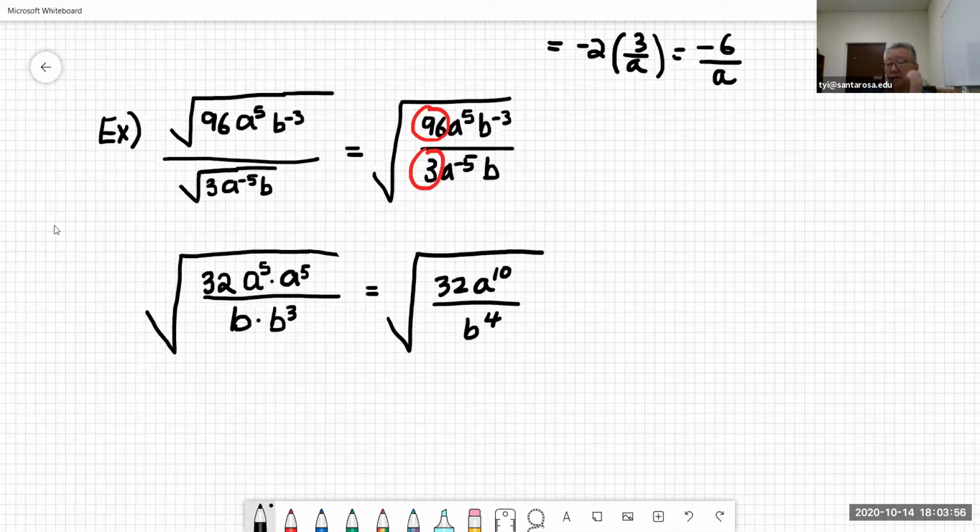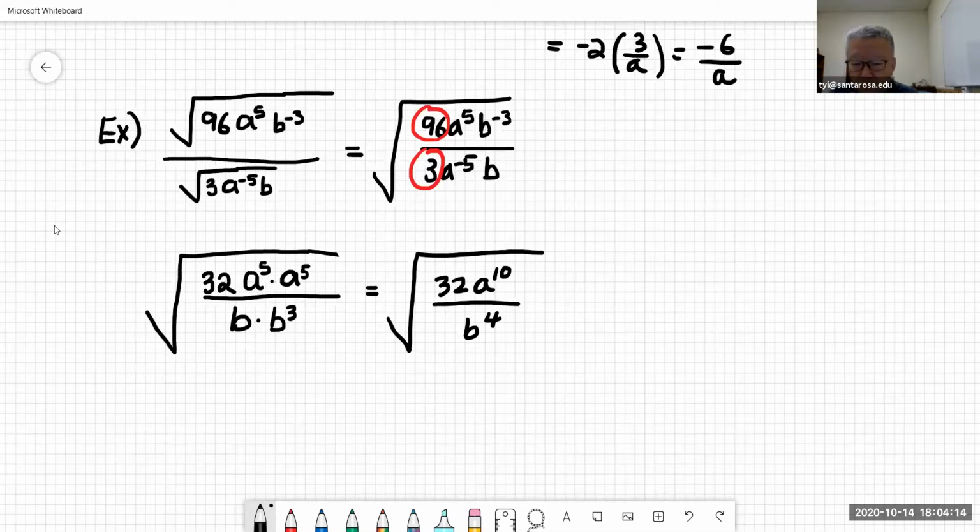Now at this stage, if you feel more comfortable using the rational exponents, I don't have any problem. If you want to do this inside the radical, that's okay too. But it's going to be up to you.